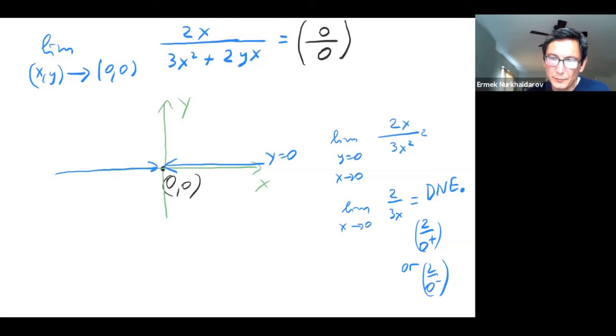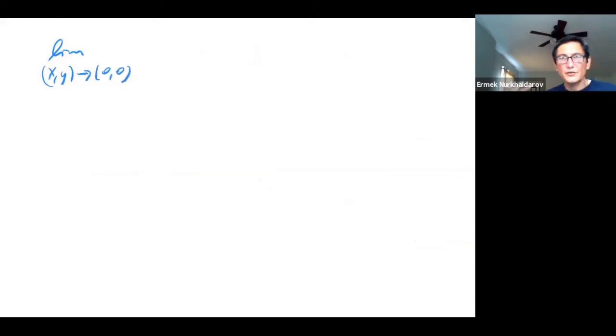Okay, let's try another example. Usually we'll say limit as (x, y) approaching (0, 0). If it's not (0, 0), then by doing substitution, say u equals x minus 3, v equals y plus 3, we can always make that limit value be (0, 0).